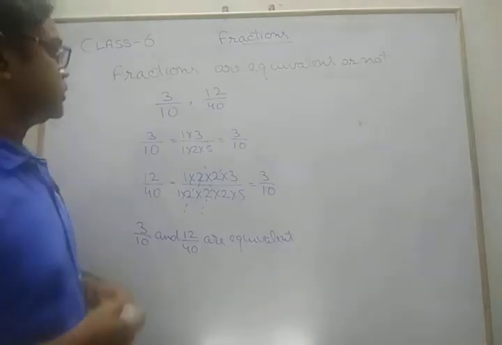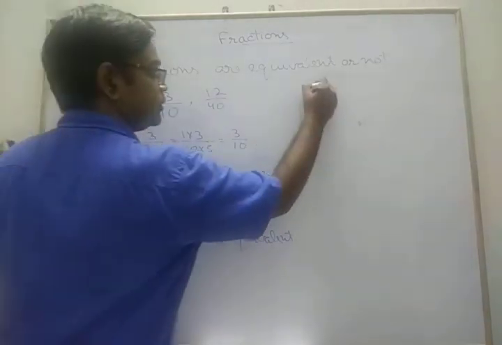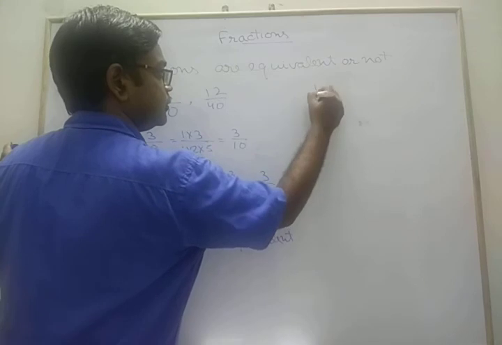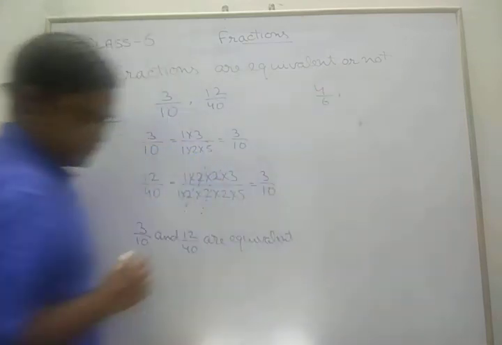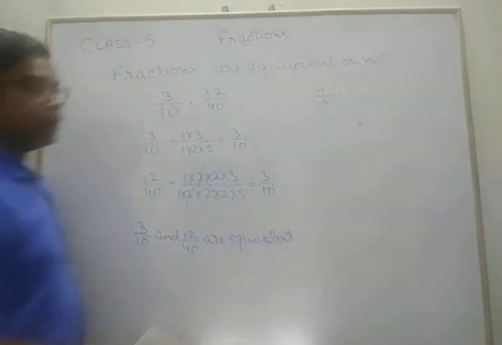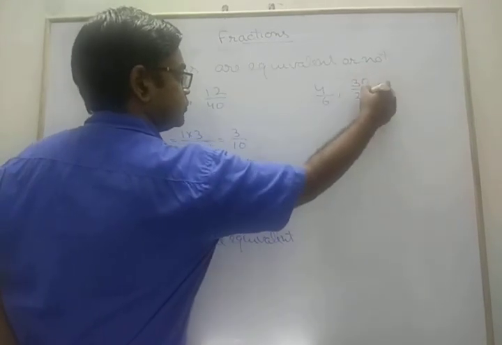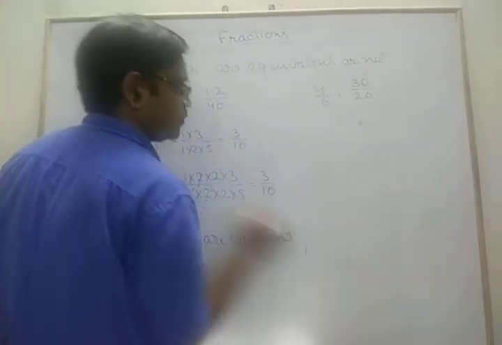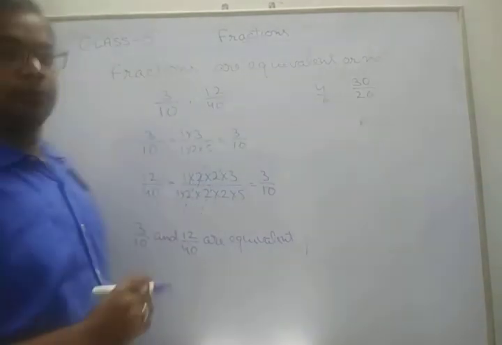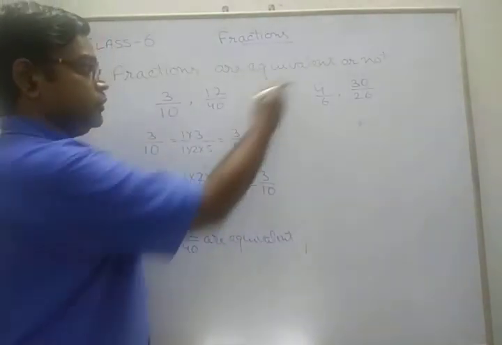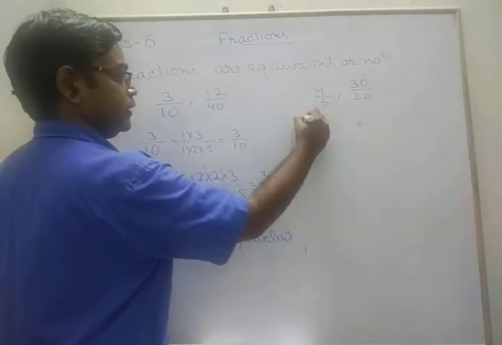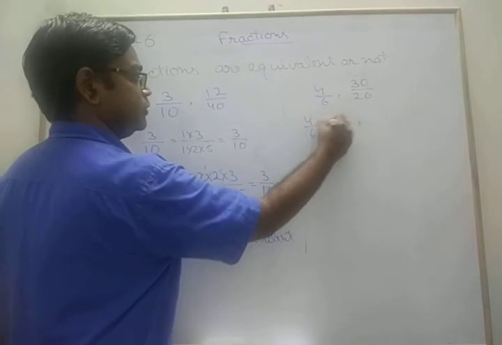Now one more question I am taking from the book: 4 upon 6 and 30 upon 20. That part we are going to solve. Clear? Similarly, we can simplify 4 upon 6.